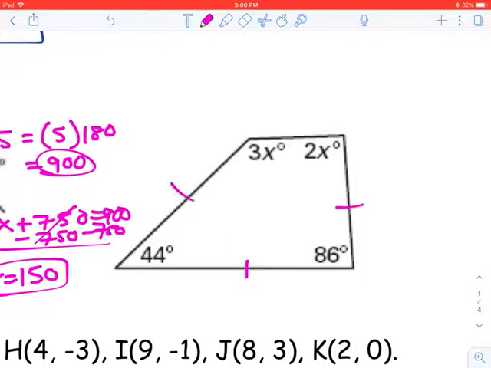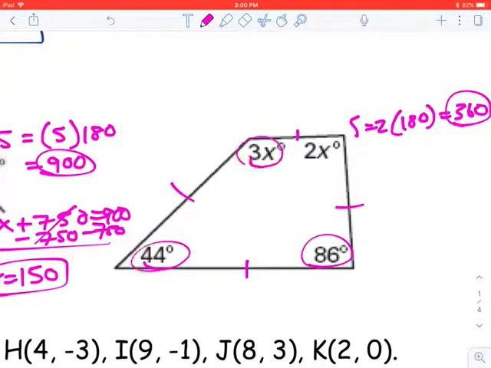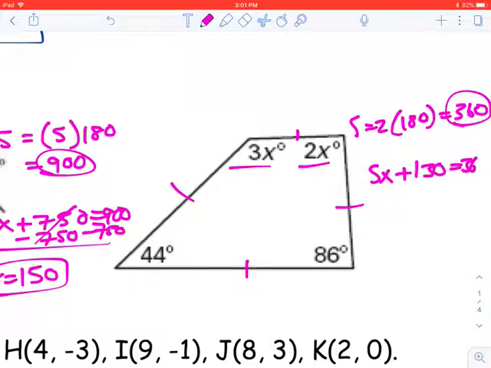Okay, so 1, 2, 3, 4. 4 minus 2 is 2 times 180. So the sum of those angles is going to be 360. So again, I'm adding all these together, equal to 360. So 2x plus 3x is 5x, plus 86 plus 44 is 130, equals 360.